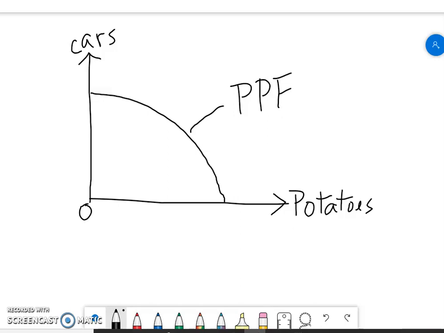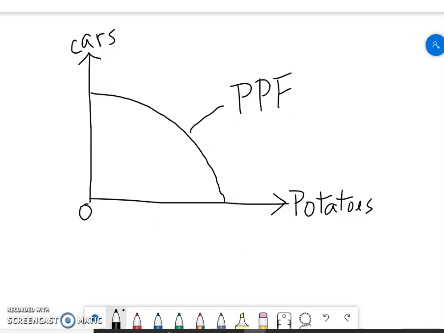Now here I want to give you a chance to pause the video and think about the graphical features of what we just drew. Again, here you don't have to worry about any economics. No economics here. Just think about the graphical things.